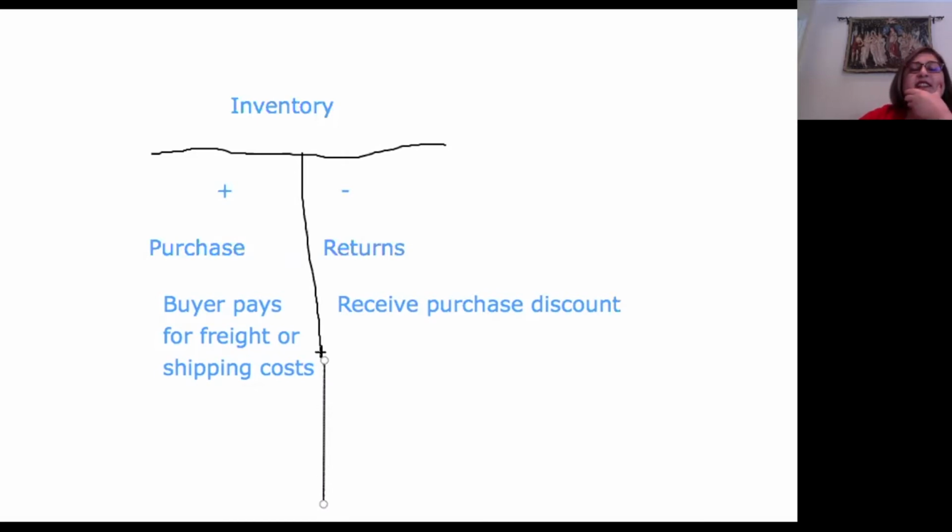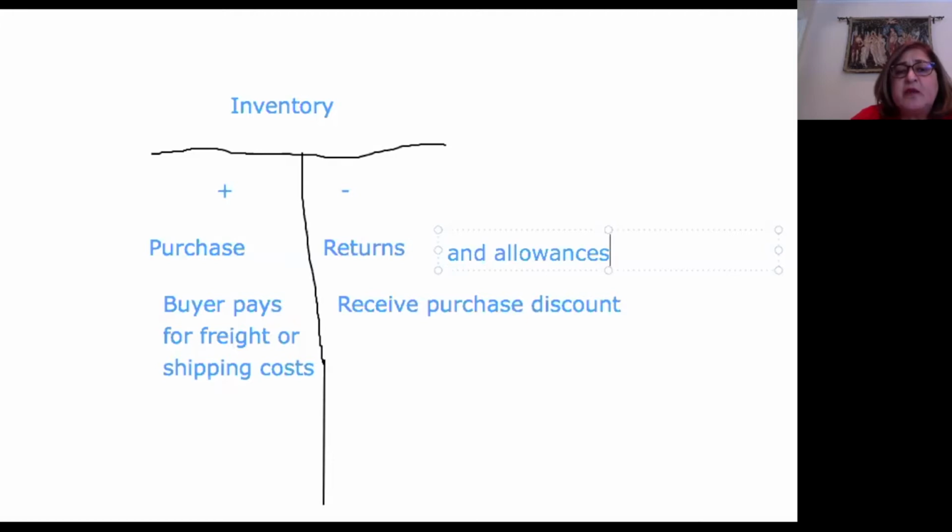So what else will affect this? The other thing that will affect this inventory account would be returns and allowances. Remember the difference between return and allowance? Return is we actually return the inventory because it's damaged or we don't want it.